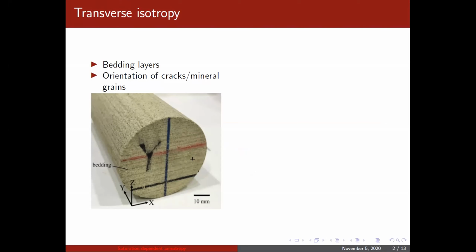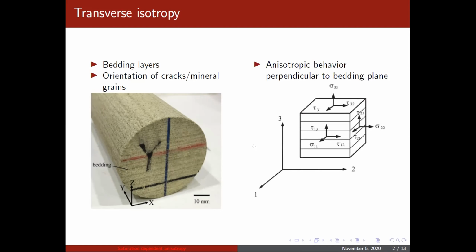Or, for other reasons, for example depending on the orientation of the cracks, if they have a preferred alignment, this would result in these rocks having an isotropic behavior perpendicular to the bedding plane. So in this case, loading the rock vertically, we would get a different behavior or strain as compared to loading it from the sides.